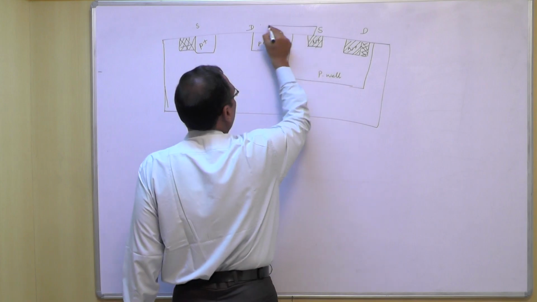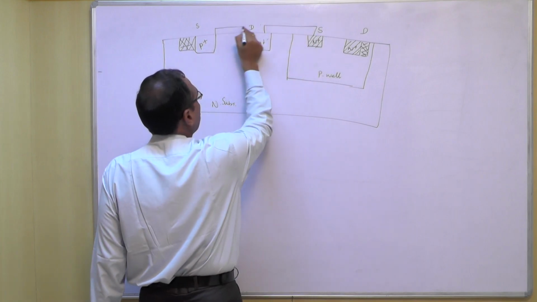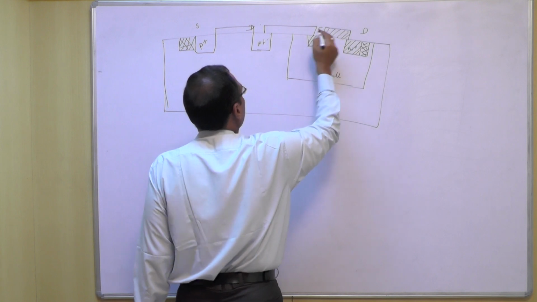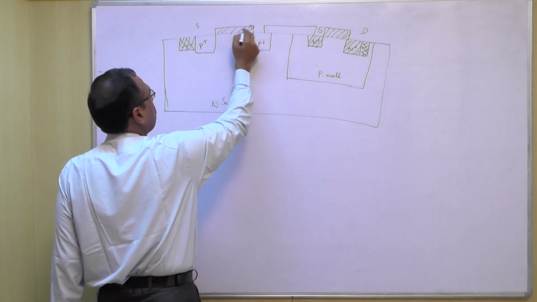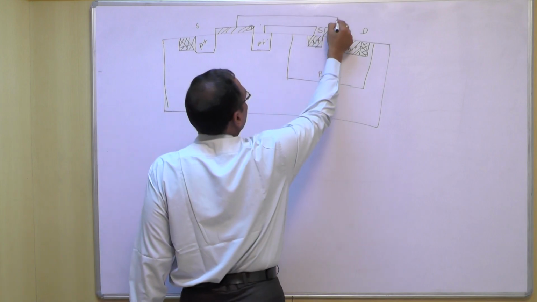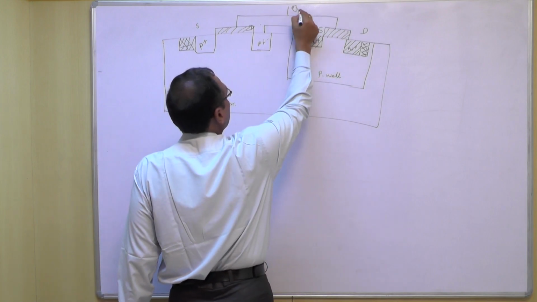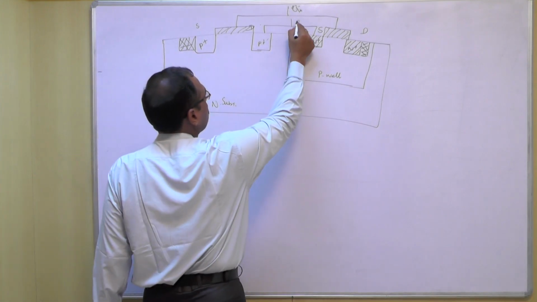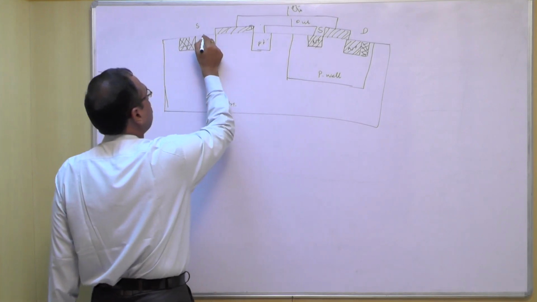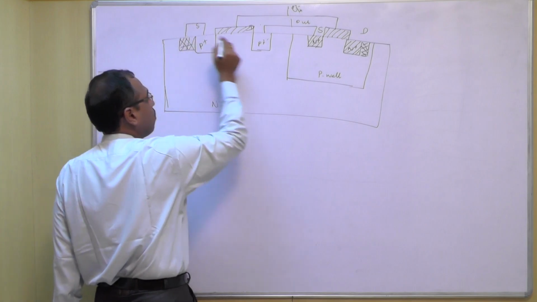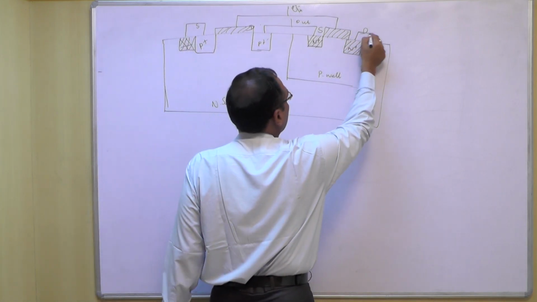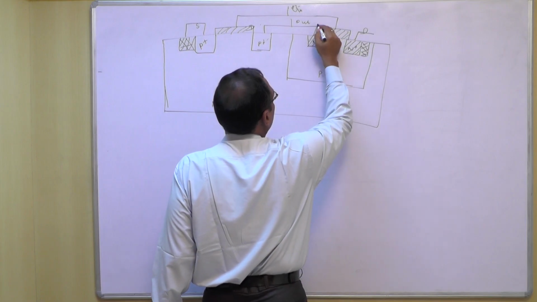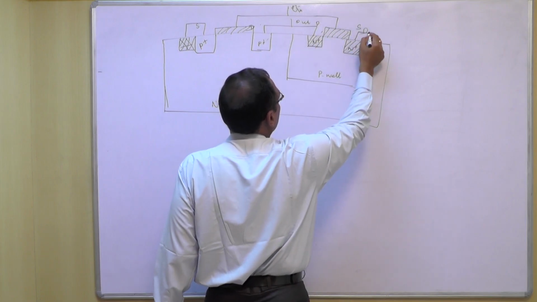These two will be connected, and normally here is the gate with SiO2 under it. This gate will be connected to VN, and normally this becomes the output connection, and these two will be coupled.